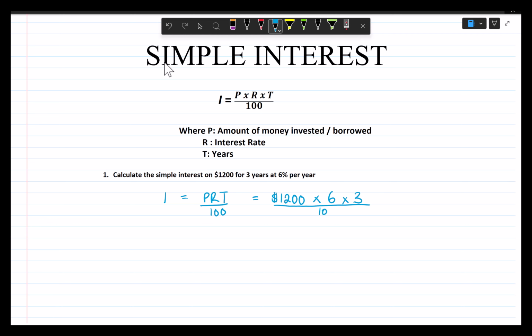And this is all over 100. Multiplying this, we get 21,600 all over 100. We are going to cancel out these zeros as we are dividing this 0 and that 0. And we have the final answer as $216. This is the interest for the 3 years.